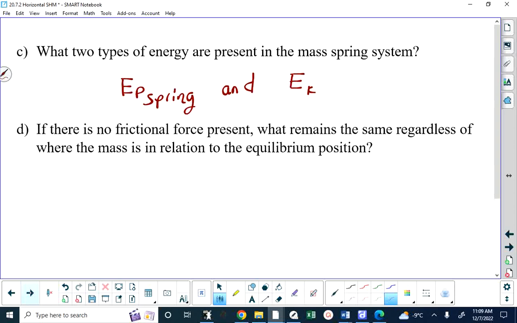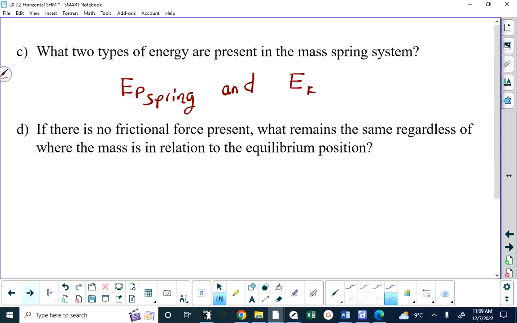The spring potential energy will change because the more it's stretched, the more potential energy is there. The kinetic energy will change because when it slows down as it gets to the furthest point, just before it stops, its kinetic energy will change because it's slowing down. All those things change, but something stays the same.